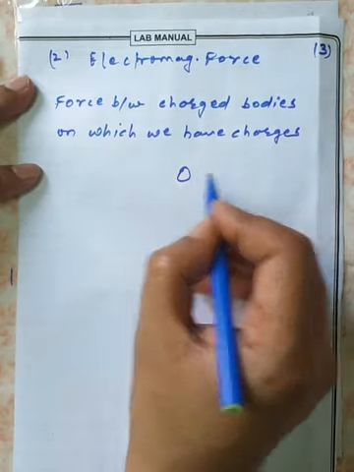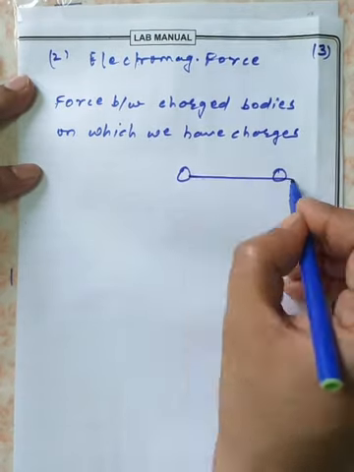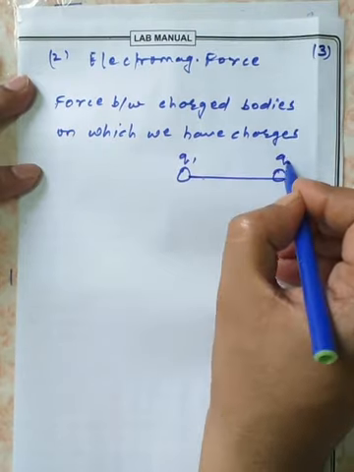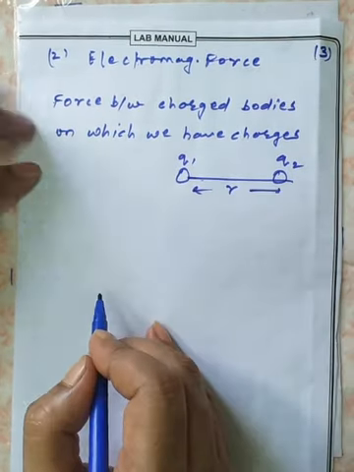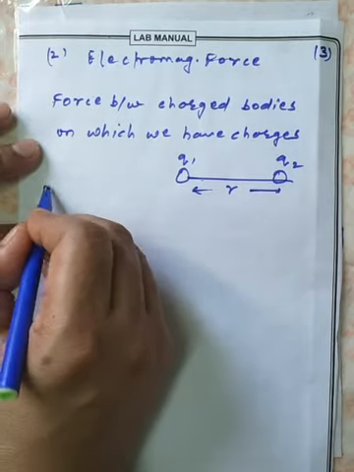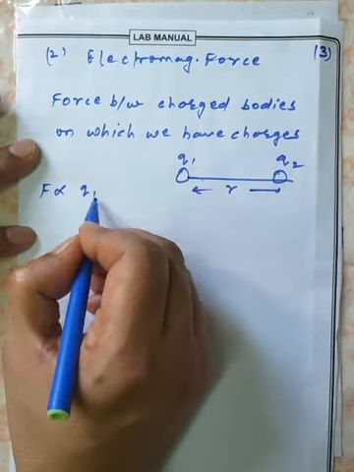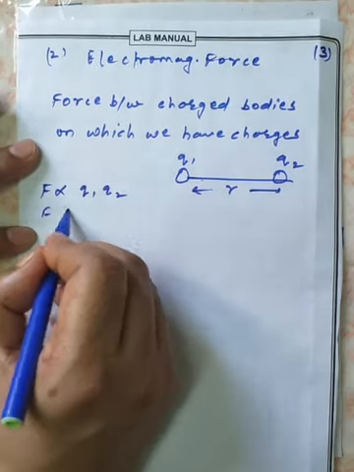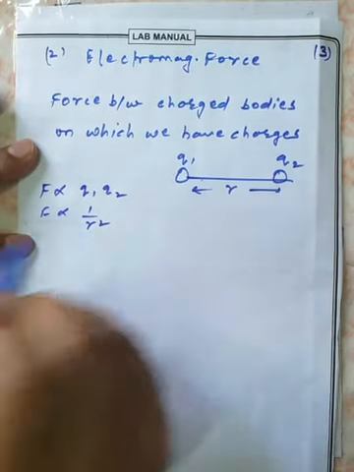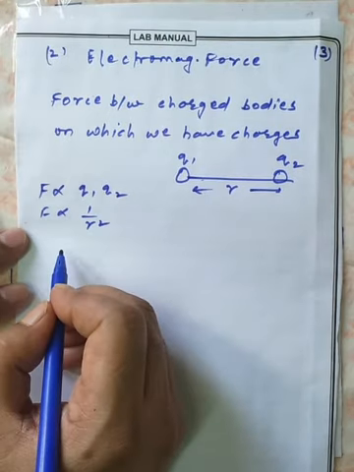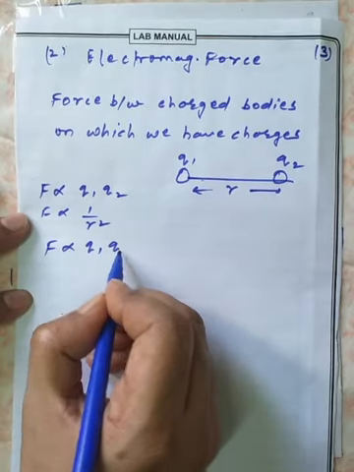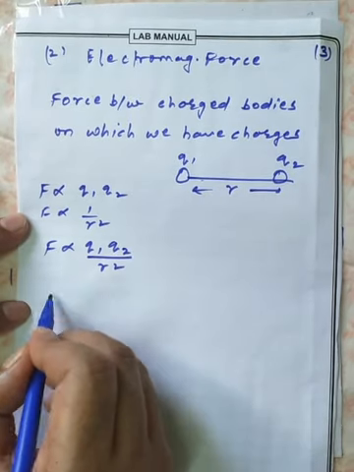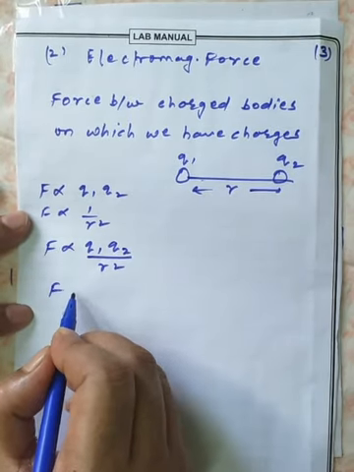So we assume, in place of the mass particles, charges q1 and q2, and we know the calculation of the force between them. F is directly proportional to the magnitude of the charges q1 and q2, and F is directly proportional to the inverse square of the distance between them. Combining these two terms, q1 q2 upon r square, this is the general formula of the electromagnetic force.